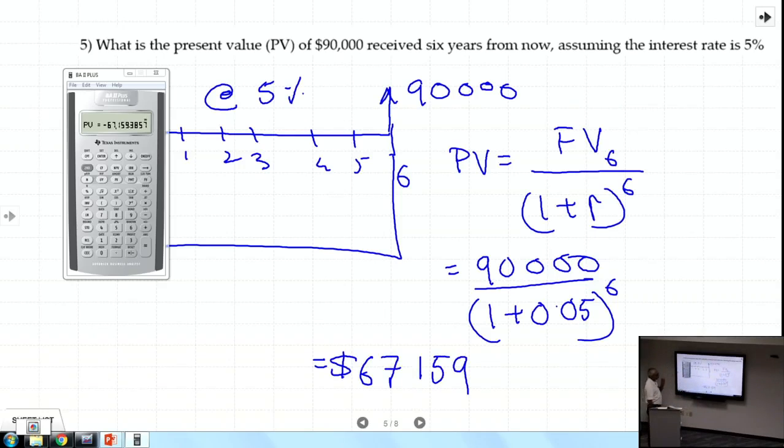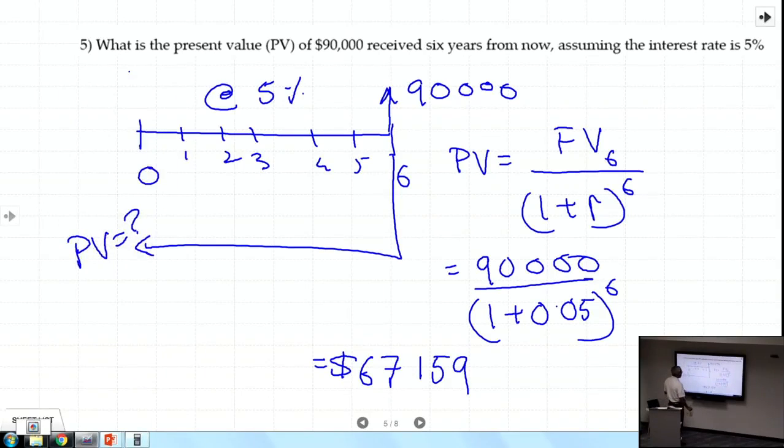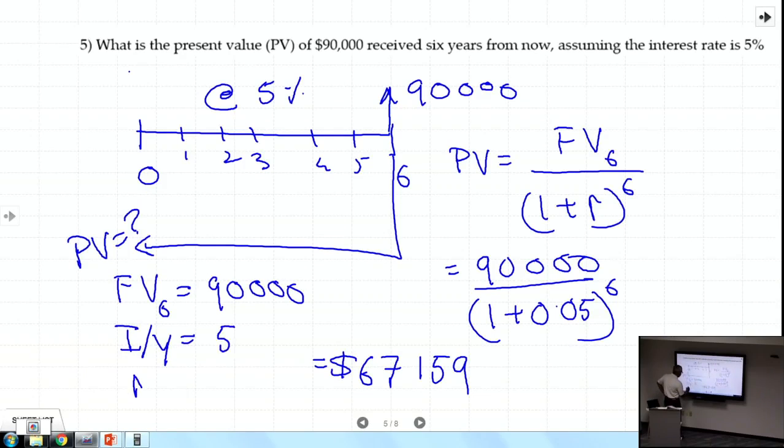Okay. Simple, straightforward problem. We can use the financial calculator method. If you use the financial calculator method, then try to write out the variables on your sheet of paper so that you can go back and check your work. You can write it out like this: FV6, 90,000, IY 5%, N is 6.